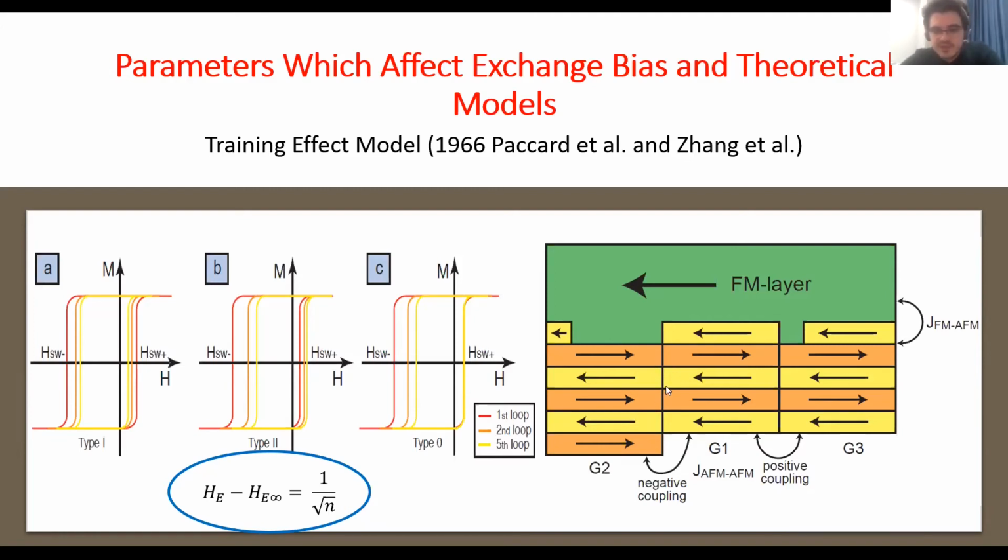This part of the antiferromagnetic layer shows negative coupling, and other parts are also coupled, but the surfaces are parallel. They show positive coupling. With this assumption, Dr. Zhang achieved an explanation for the training effect.